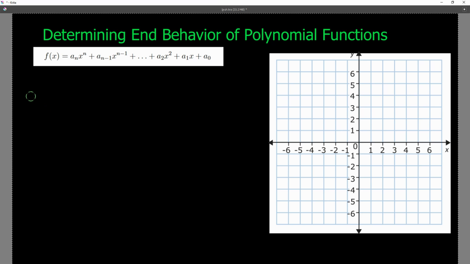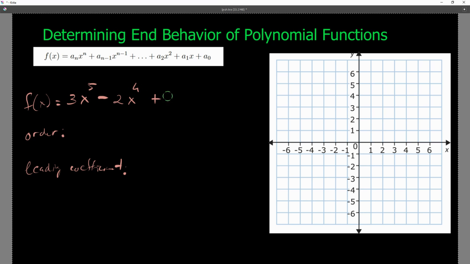All right, so let's go on and learn about the end behavior. The end behavior of a function depends on two things. The first thing is the order, and the second thing is the leading coefficient. Let's take a look at 3x to the 5th minus 2x to the 4th plus 1. The order is the exponent on your x, the biggest one.